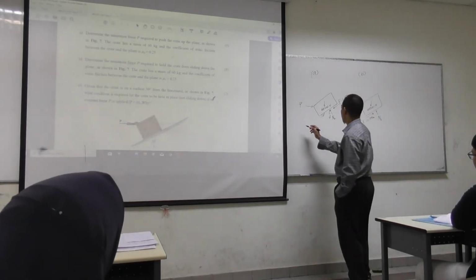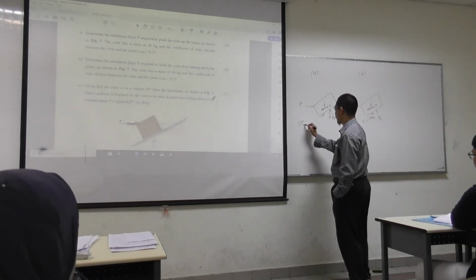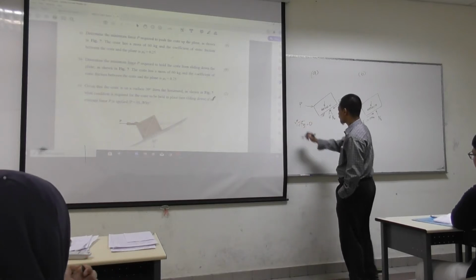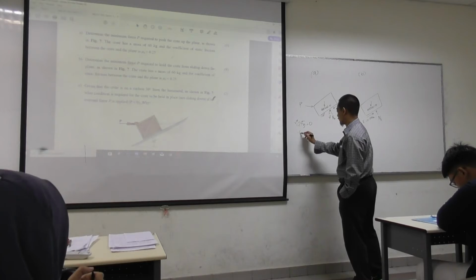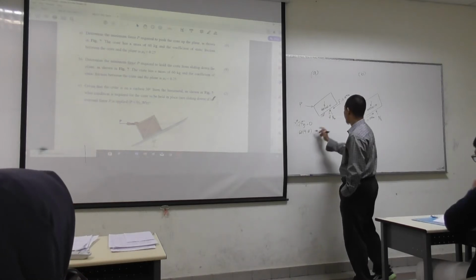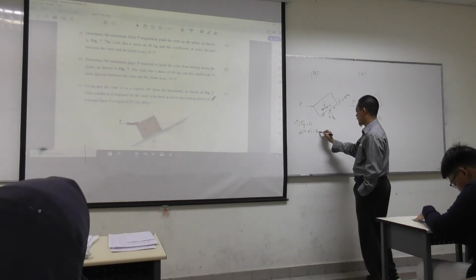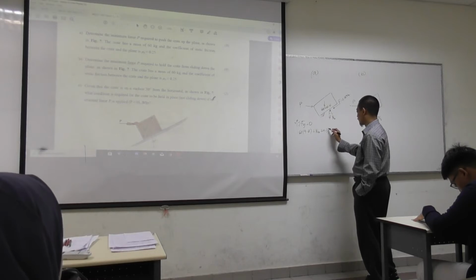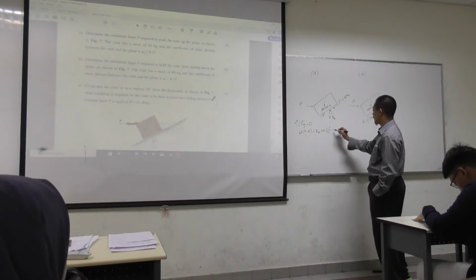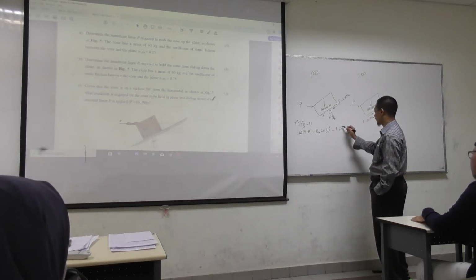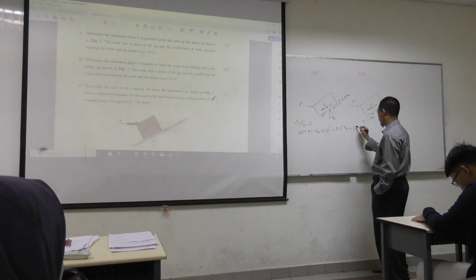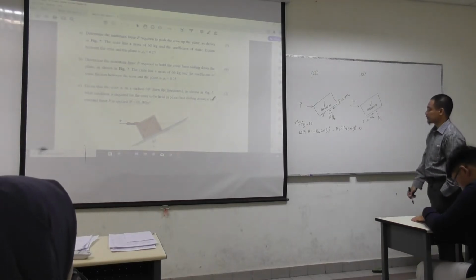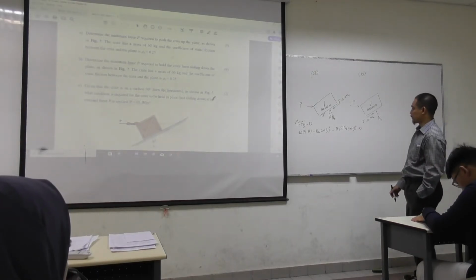So if you do summation of Fy equal to 0, we want to solve NB straight away. So you have, in this case, minus 60 times 9.81, this one will be plus NB cos 30, this one will be minus 0.25 NB sin 30 equal to 0, right? That is Fy.